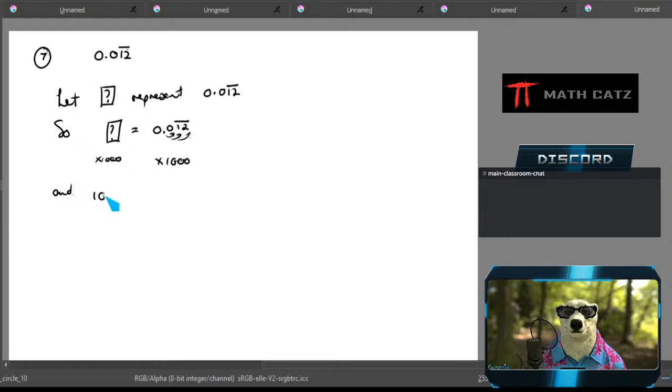We have 1,000 question marks in a box, then equaling 12 point, pause for dramatic effect, 1, 2, repeating. The 0 is never repeating. Okay, good. One step at a time.